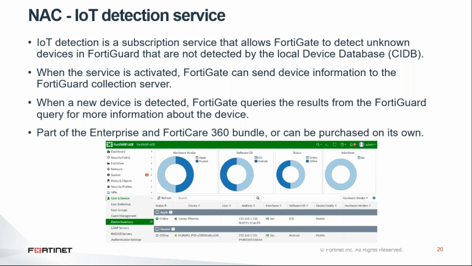But in case the FortiGate cannot identify the type of device that's used, it now has the possibility, and that's new, to send the device information it collected to FortiGuard, and FortiGuard will tell it, okay, this is a device of that type. So it's a service that will be added on the FortiGate, either as an individual service, or as part of the Enterprise and or FortiCare 360 bundle.